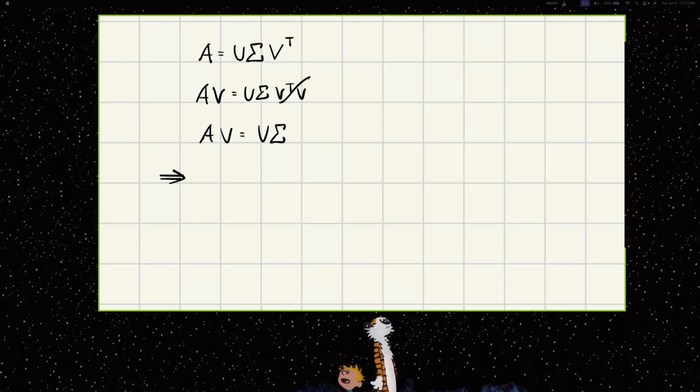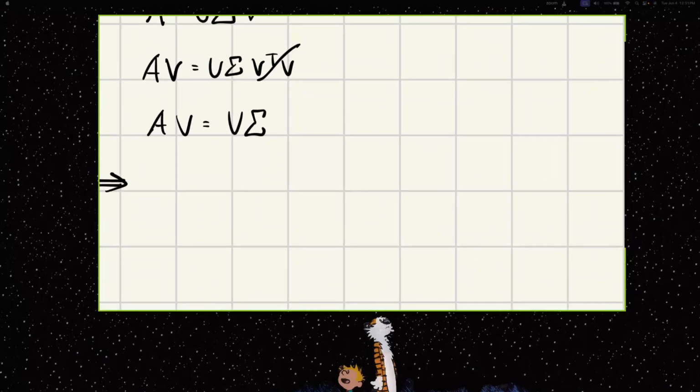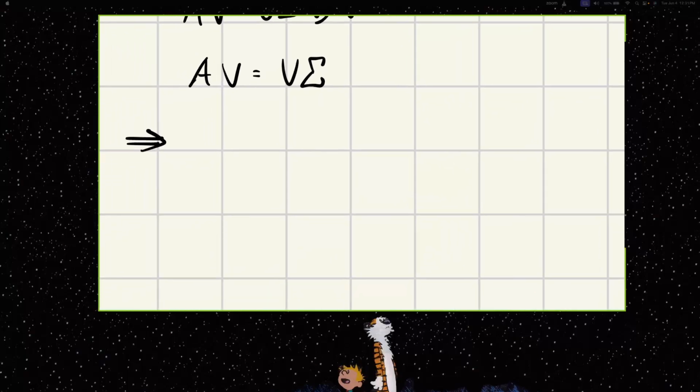We can do this one by one, and in this case we only have 2 singular values. So to find U, we could rewrite this as A times the basis vector V1 set equal to U1, the basis vector for the matrix U, times the singular value sigma 1.